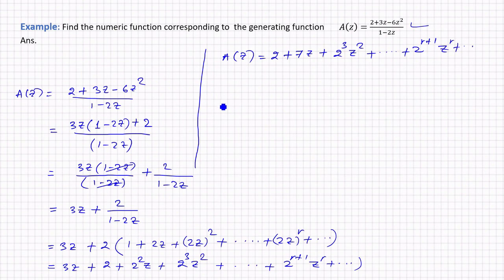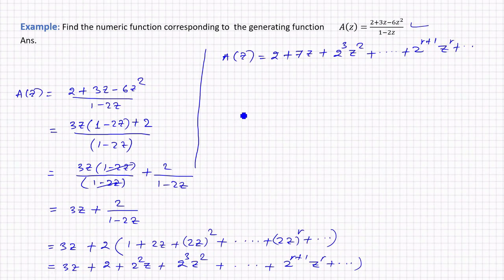See here, this is the value of a_0, this is a_1, a_2 and so on. The value of a_0 is 2, the value of a_1 is 7, the value of a_2 is 2^3, and the value of a_r is 2^(r+1).